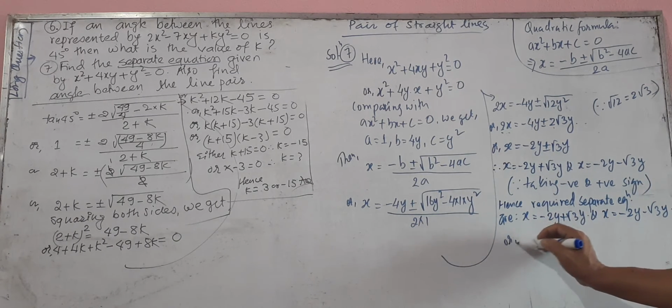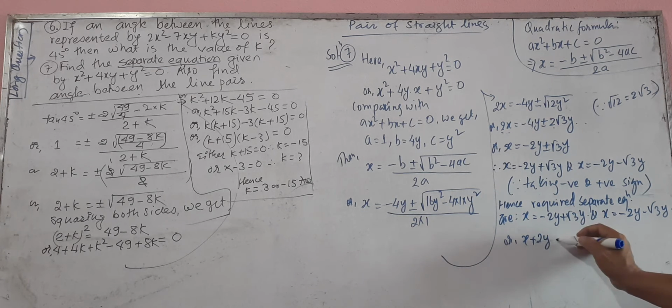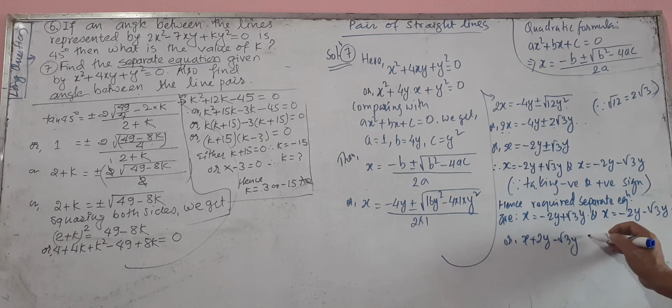Or in other words, taking to the same side, x plus 2y minus root 3 y equal to 0 and x plus 2y plus root 3 y equal to 0.